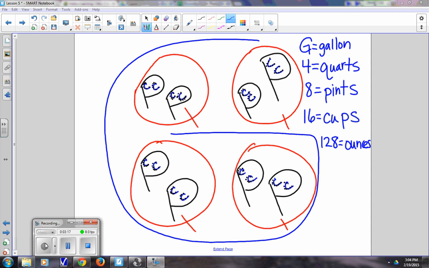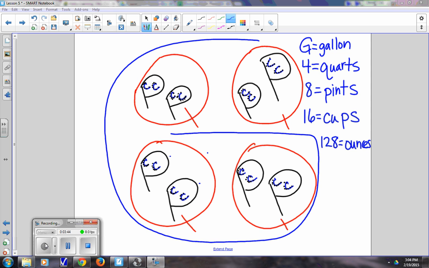So if I know I have 4 cups, I know 4 cups equals 2 pints, or 1 quart. I also know that 1 quart equals 8 spots times 4, 32 ounces in a quart, or 64 ounces in a half gallon.